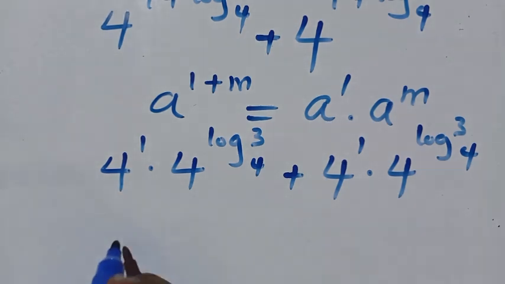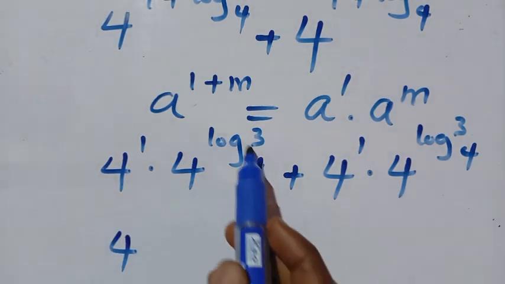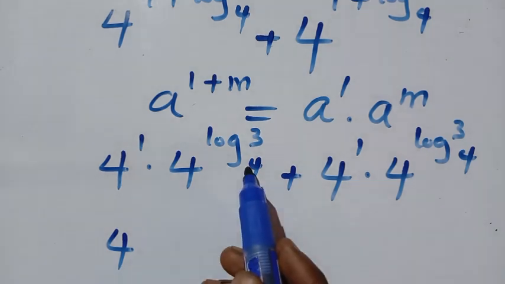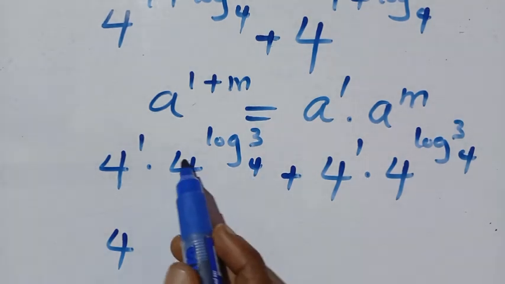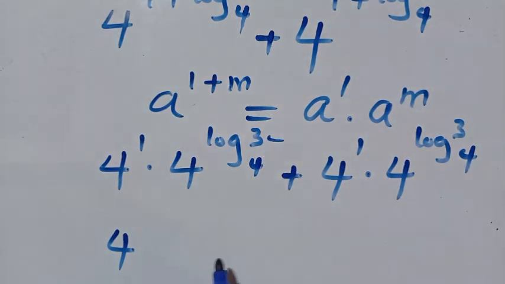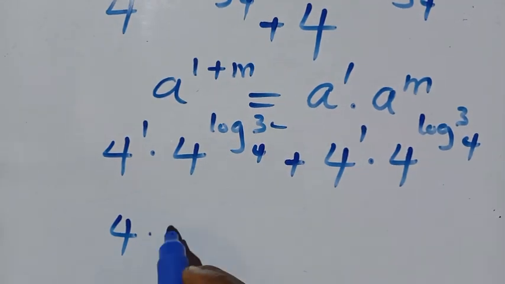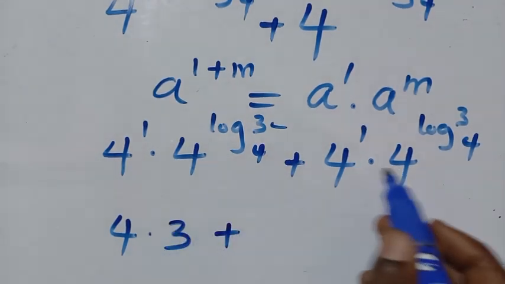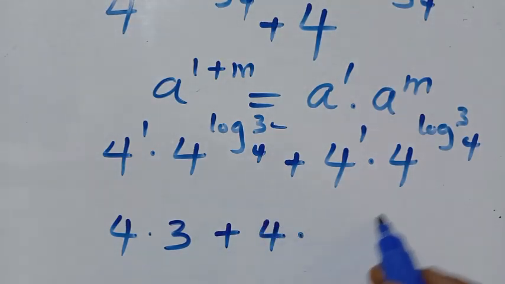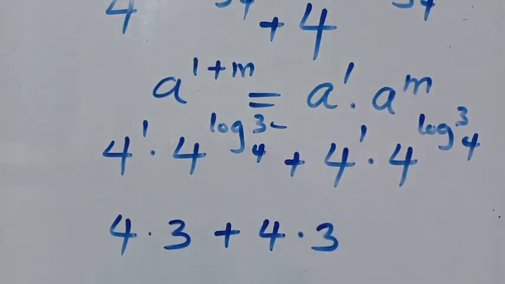So 4 to the power 1 means 4. And anytime we have this kind of log, the base of this logarithm is 4 and the base here is also 4, so the only thing we take is 3. So we multiply this one by 3, plus applying the same thing here, 4 power 1, that is 4, multiplied by 3.